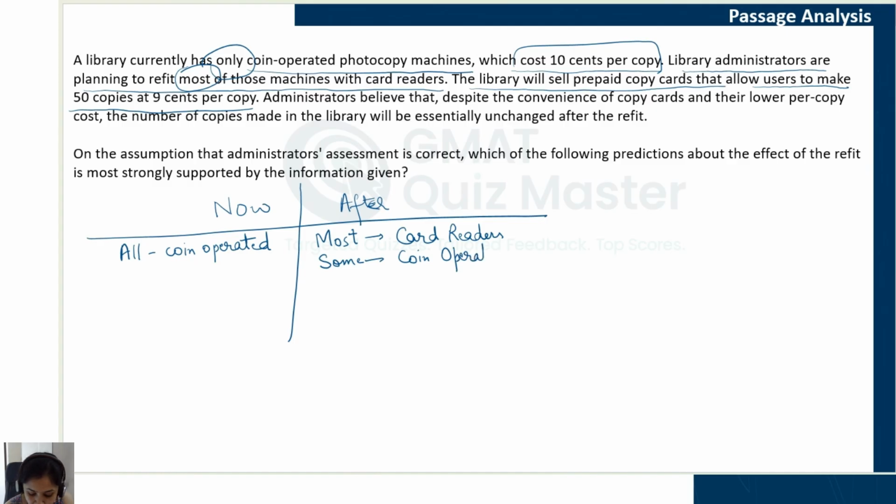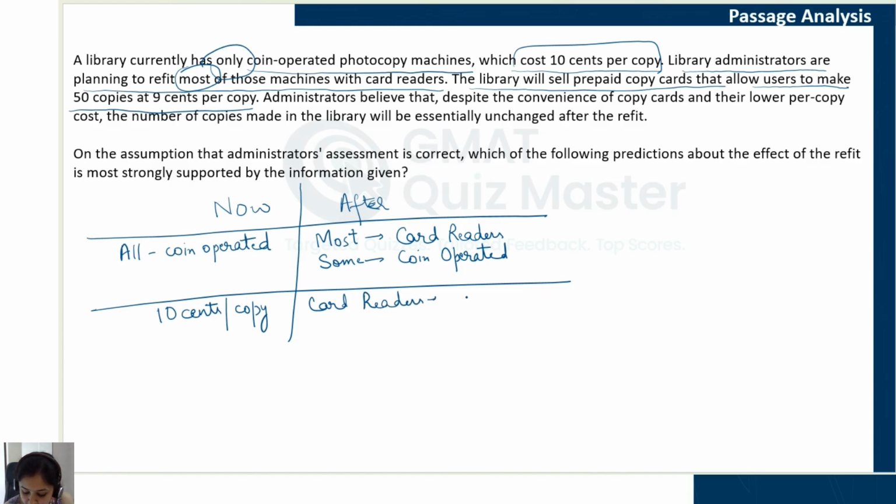Right now, the cost is 10 cents per copy. Afterwards, for the ones with card readers, the cost will be 50 copies at 9 cents per copy. And for the coin operated ones, the cost will continue to be 10 cents per copy.